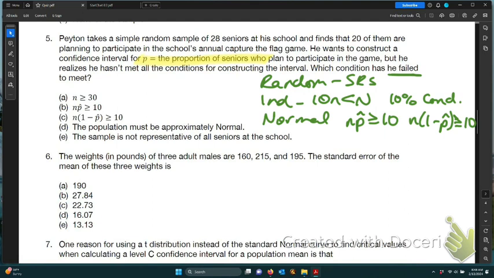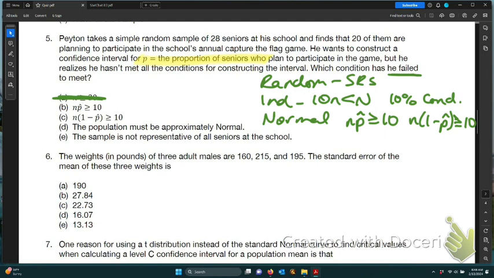Should I be checking the central limit theorem for this problem? No. Why not? Because it's a proportion problem. So how can it fail the central limit theorem if I ain't checking the central limit theorem? It cannot, okay? So central limit theorem is completely off the table for this problem.